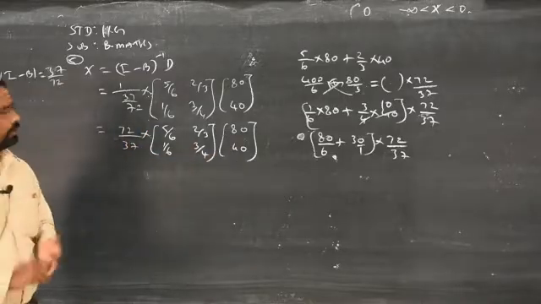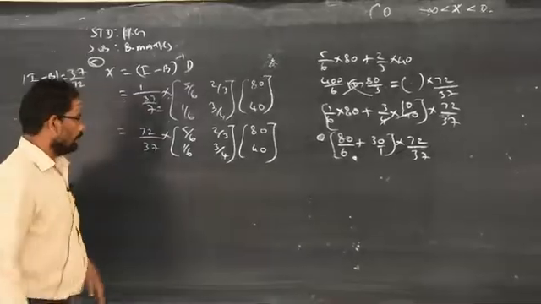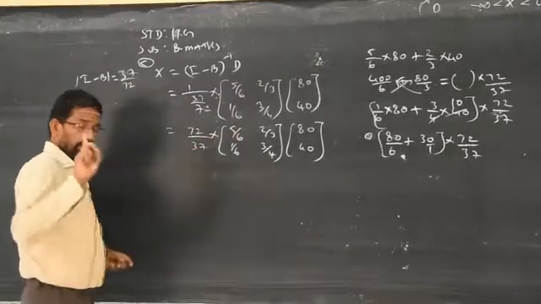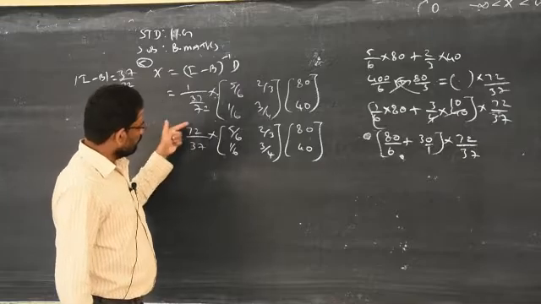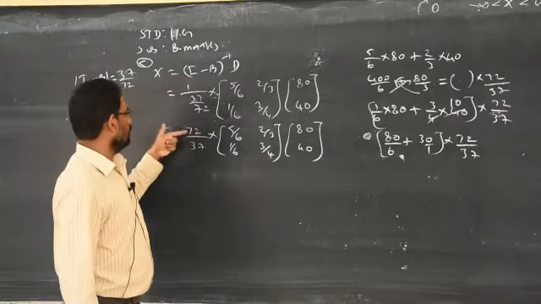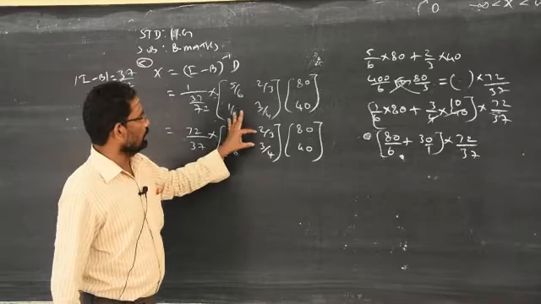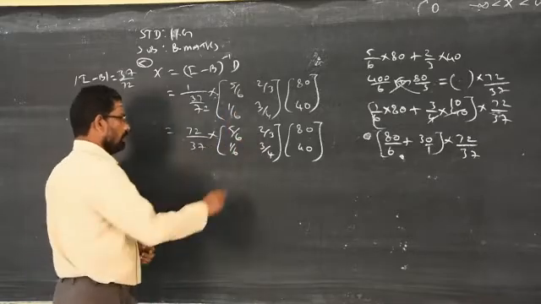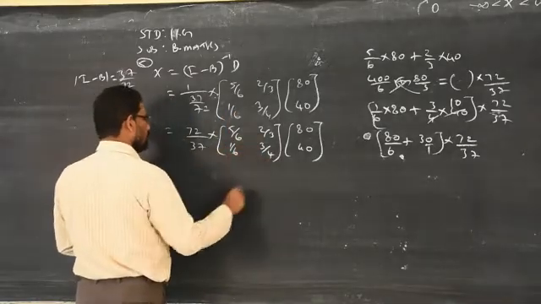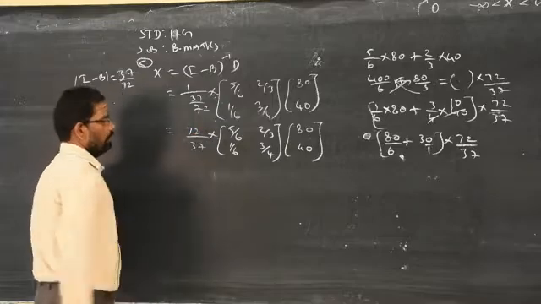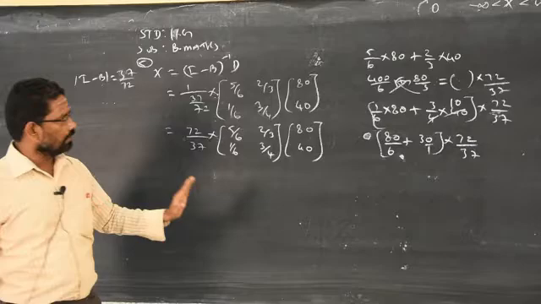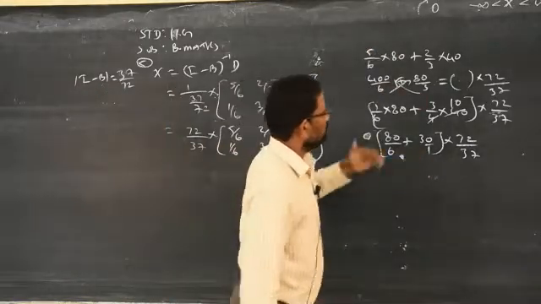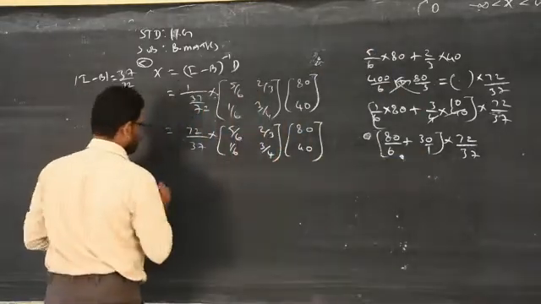That is the purpose. You can do this method straight away, or you can take 72 inside, provided you check that the denominators all go exactly into that number, which is 72. Ensure that, then you take it. Otherwise, please follow the other method. Clear? You follow any one method.